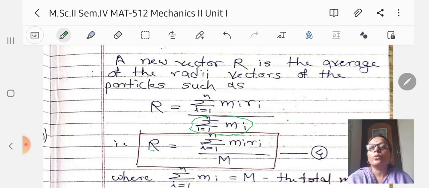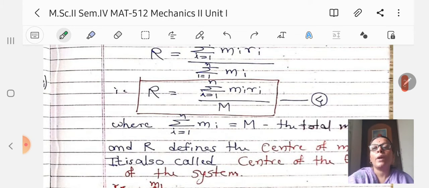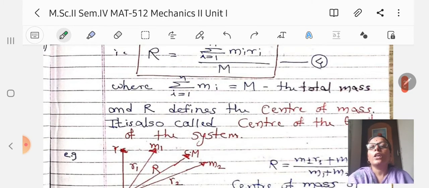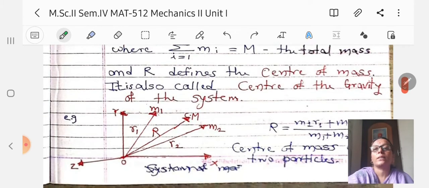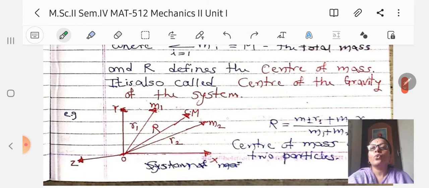Therefore R equals the summation over i from 1 to n of mi ri upon capital M. Suppose this is equation 4, where the summation of mi equals capital M, the total mass, and R defines the center of mass, which is also called the center of gravity of the system.